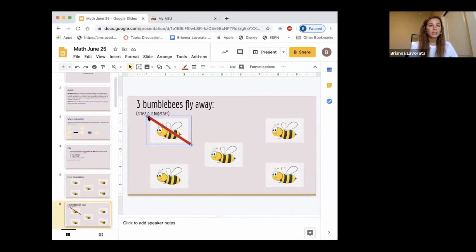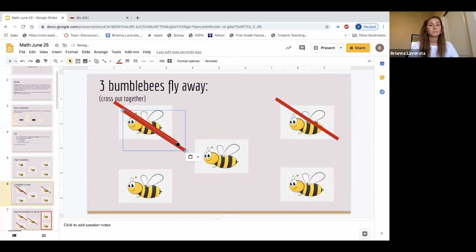So we're going to go ahead and cross off 3 bumblebees because we know they're leaving. They're not going to be here anymore, right? They're flying away. 1, 2, and we'll cross off this middle bumblebee. All of those 3 bumblebees just flew away.